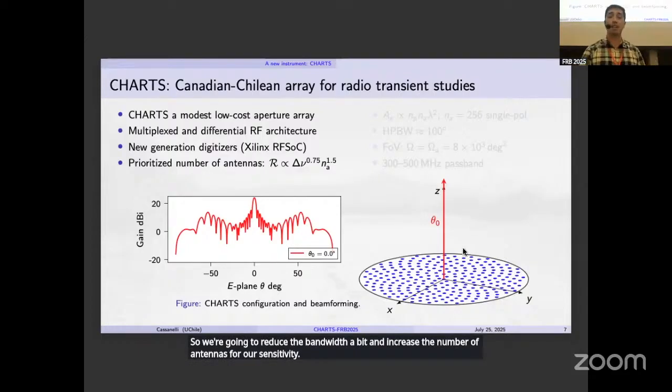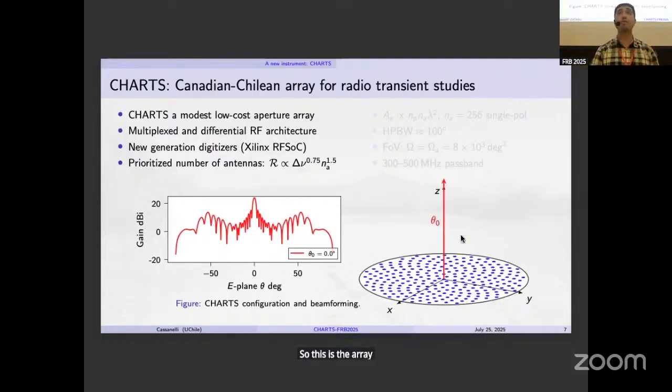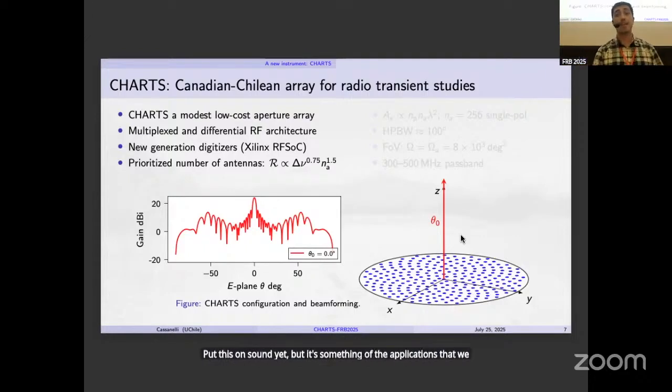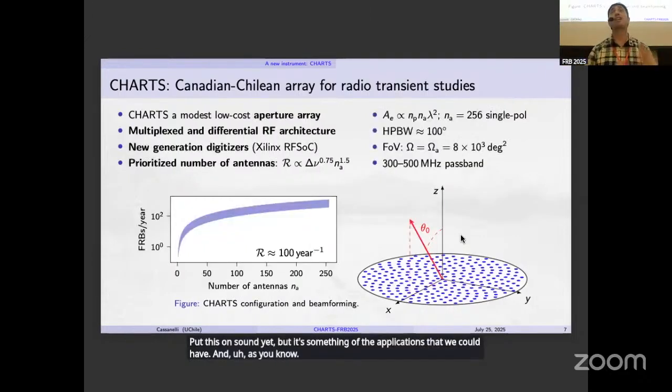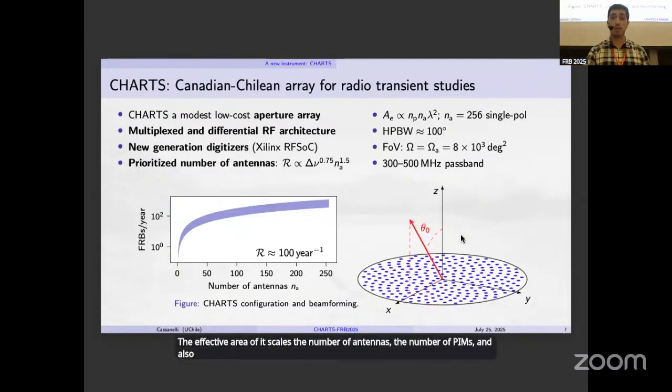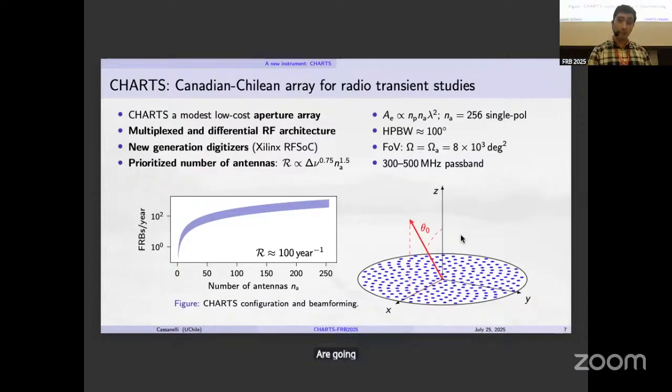So this is the array distribution that we are thinking of, possibly a sunflower. We haven't set this in stone yet, but it's something we could have. And as you know, the effective area of an aperture array scales with the number of antennas, the number of beams, and also with lambda squared. We're going to be having 256 elements.